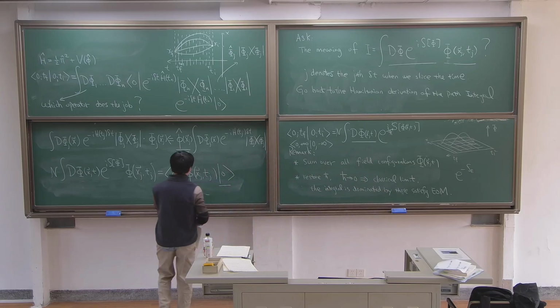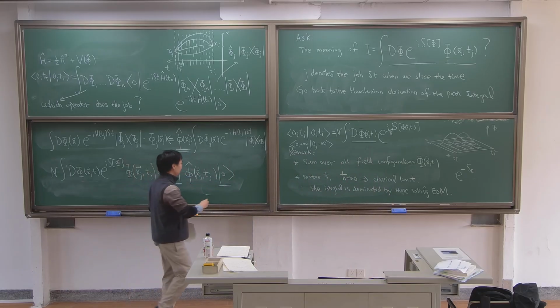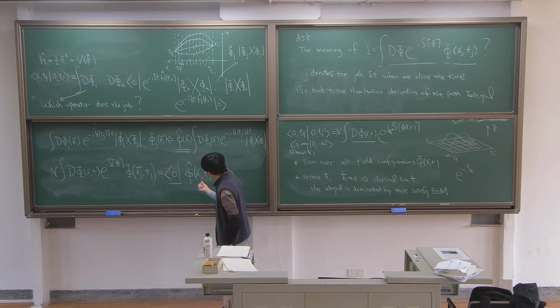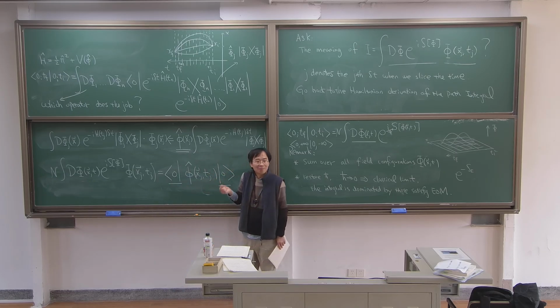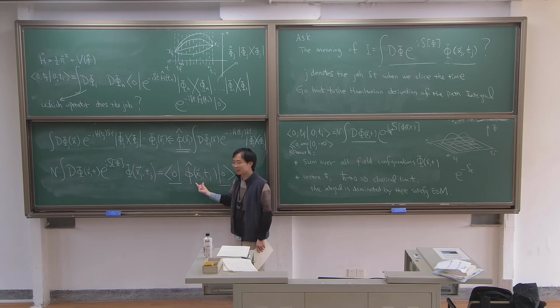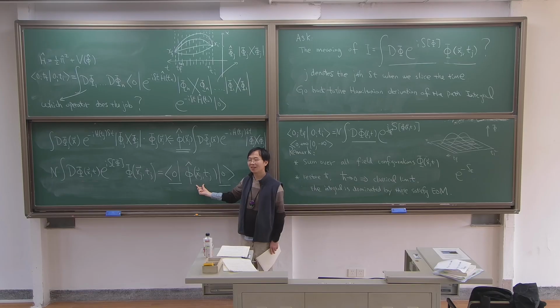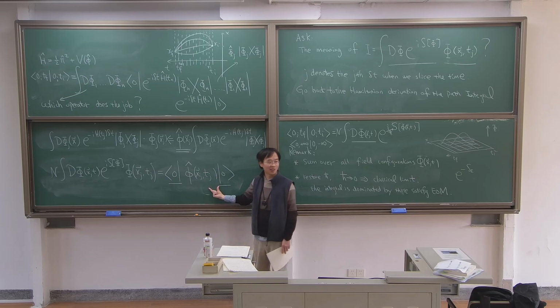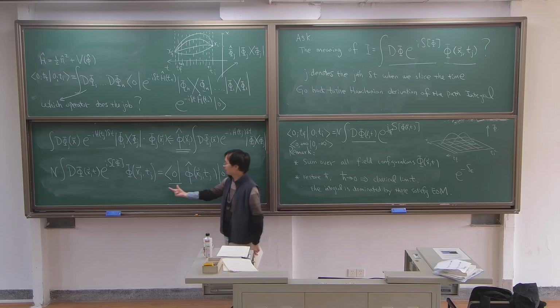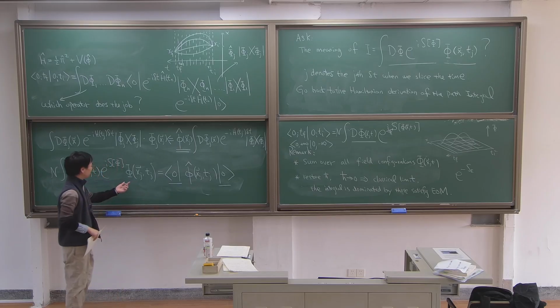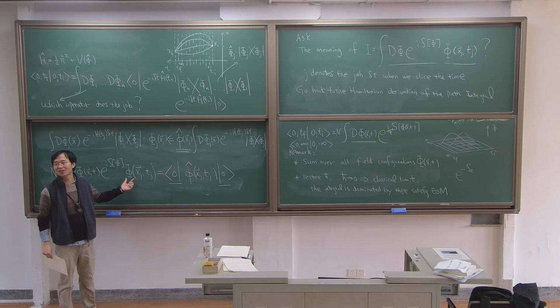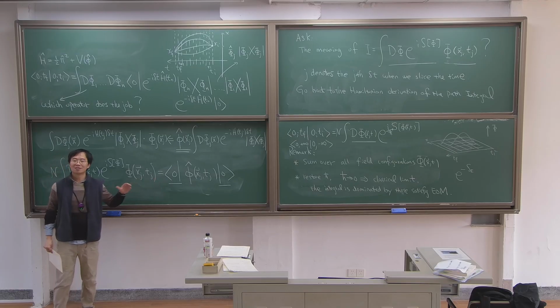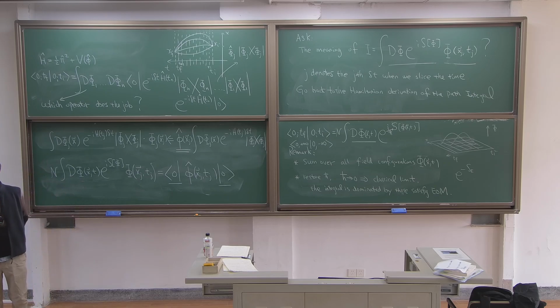Now we have some additional operator insertions, meaning if you evolve your vacuum up to this Tj point, where Tj is some particular time, then you meet an operator. That state has to be acted on by this phi hat once, and then continue to evolve. That's the meaning of the right-hand side. In the left-hand side, it's nothing but putting an additional field insertion inside this path integral, and then evaluating. These two have to be equal. They are equal.